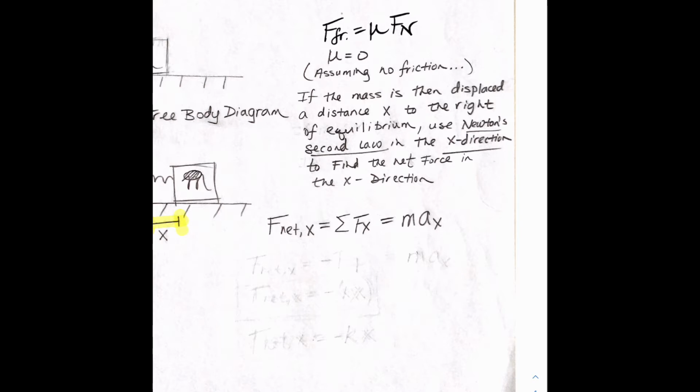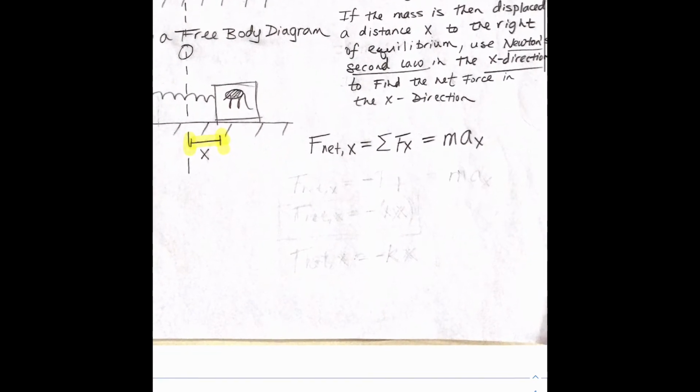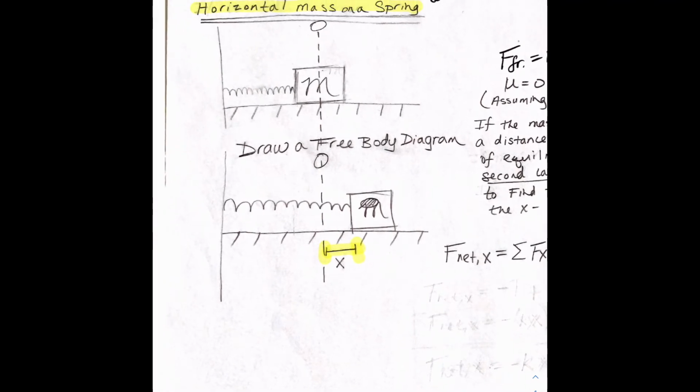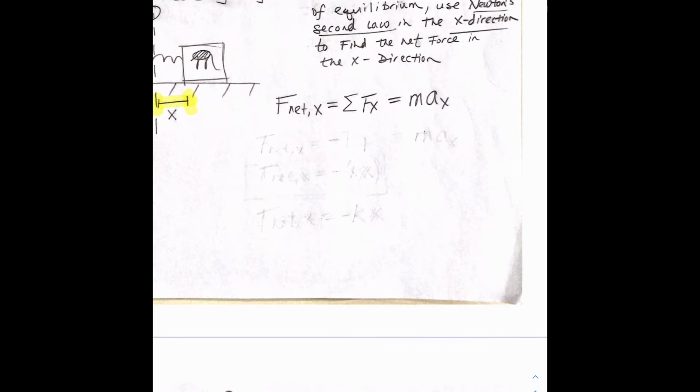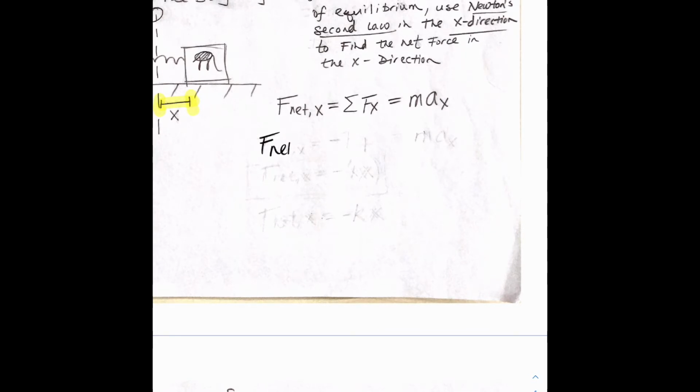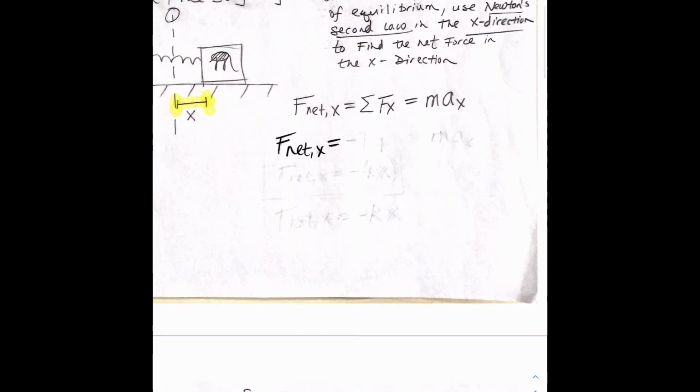Okay, if the mass is then displaced a distance x to the right of equilibrium, use Newton's second law in the x direction to find the net force in the x direction. So just like we said, this net force is going to be back to the left. Let's go ahead and solve for it. So if we look at this down here, we see that the sum of the force in the x direction is equal to max. We can then rewrite this as F net in the x direction is equal to the force spring.